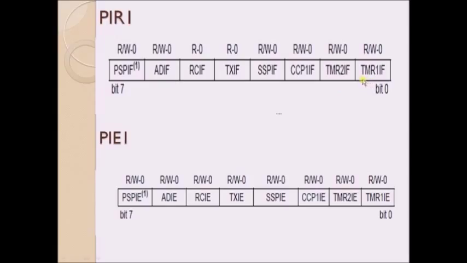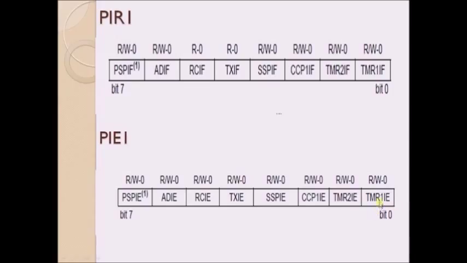As I've already told you, every interrupt will have an interrupt enable bit as well as an interrupt flag bit. Here we have timer 1 interrupt. That gets generated only when overflow is reached. That means when there is a transition from maximum to minimum value, then the overflow interrupt will be generated. This is the timer 1 interrupt flag and this is the timer 1 interrupt enable bit.